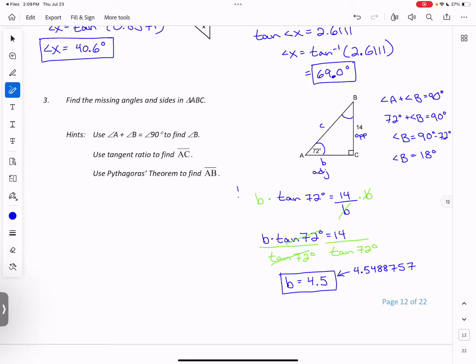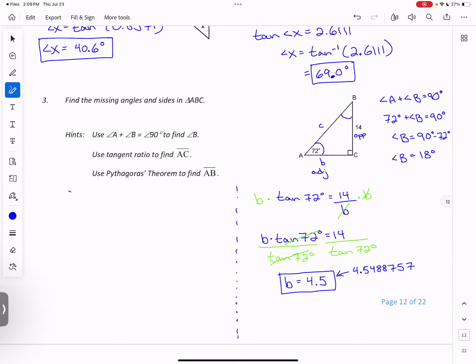Okay, last thing we want to do is find side length c. That's the last thing we don't know. And to do that, we can use the Pythagorean theorem. So we know a squared plus b squared has to equal c squared because this is a right triangle. And so 14 squared plus this number I just found, 4.54, and that's why I said use the whole thing, just so you don't end up with any rounding error. And that equals c squared.